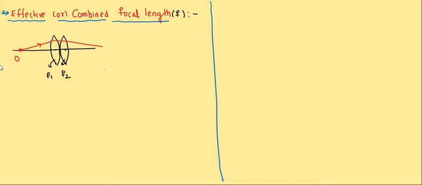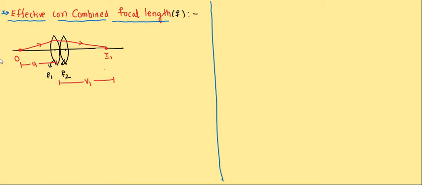The object is at u distance. The image forms at v1 distance. The first lens forms the image at a v1 distance.